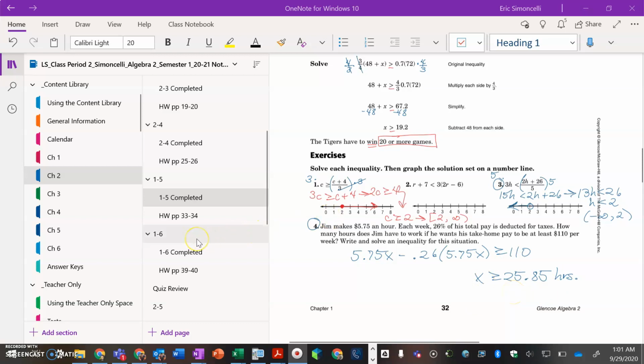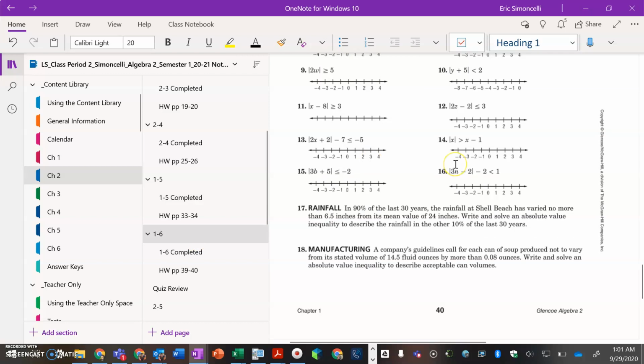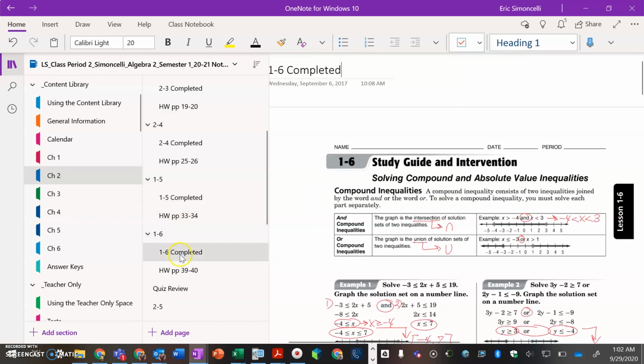I'm going to segue into section 1.6, because section 1.6 does detail, as you can see, solving compound and absolute value inequalities. So it segues quite nicely. Compound inequalities. A compound inequality consists of two inequalities joined by the word and or the word or. To solve a compound inequality, you must solve each part separately.